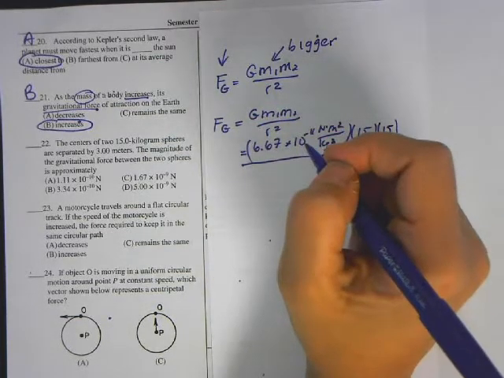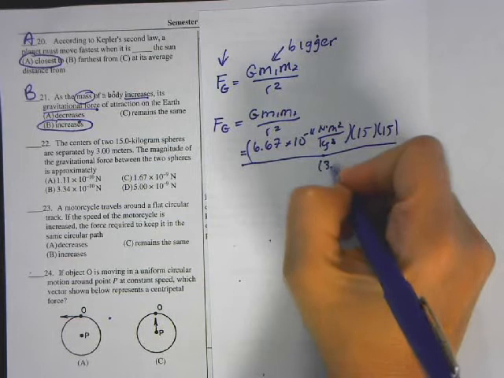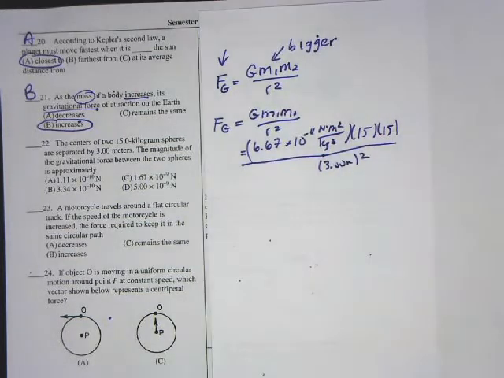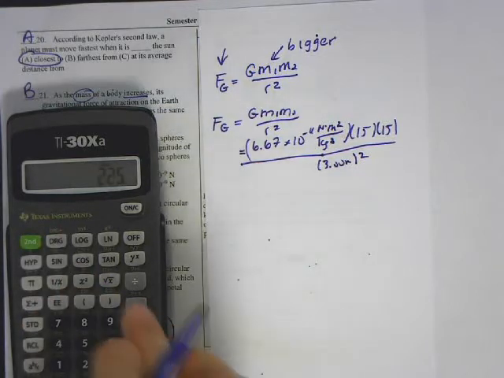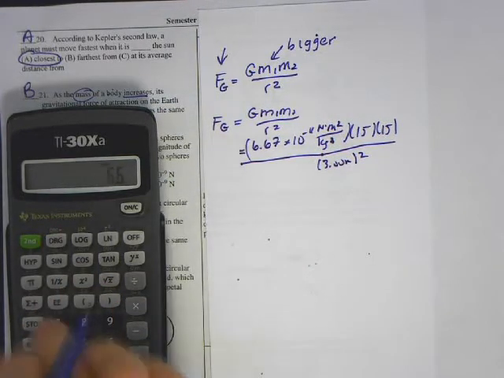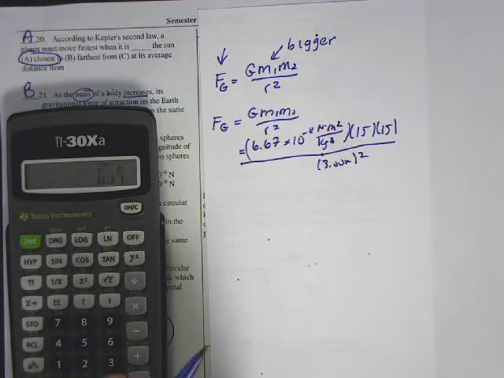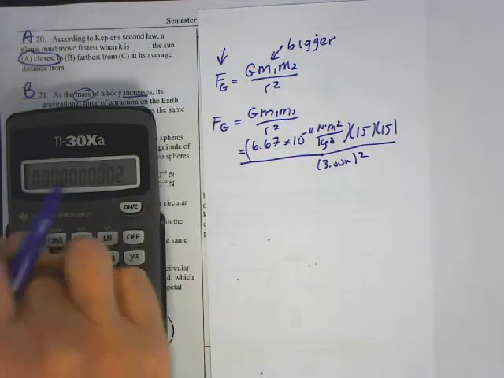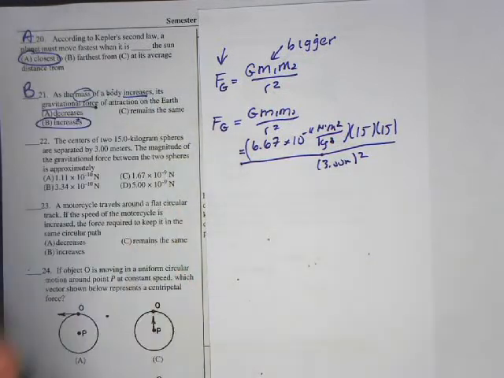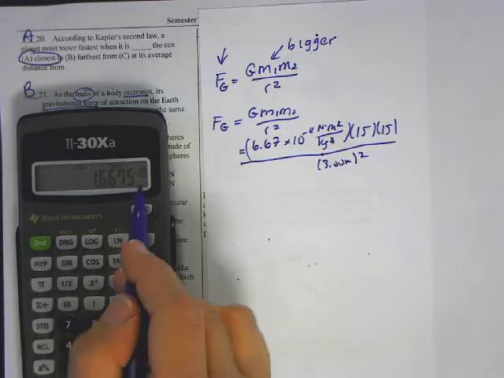So I put that in my calculator: 15 squared times 6.67 EE minus 11, divided by 9. It's some long number, so I'm going to put it in scientific notation. So it says 1.67 times 10 to the negative 9, which is going to be answer C.